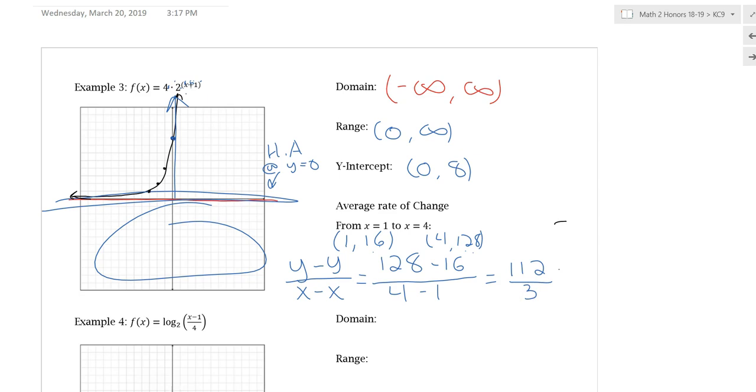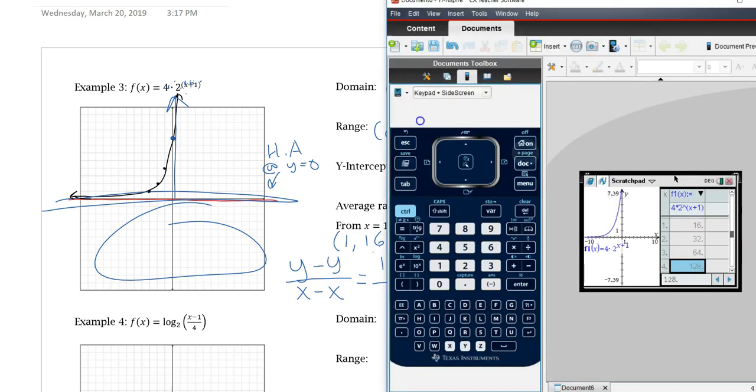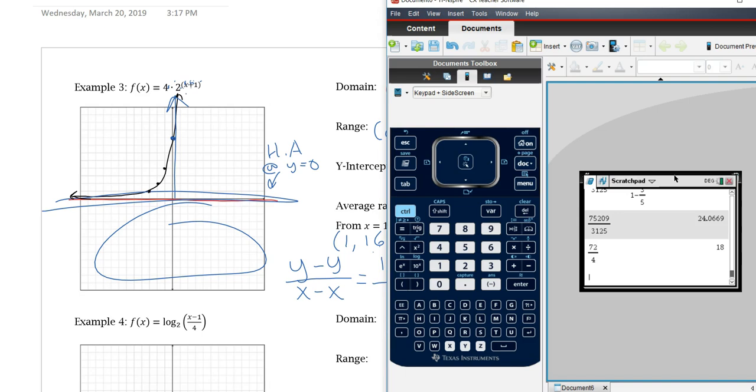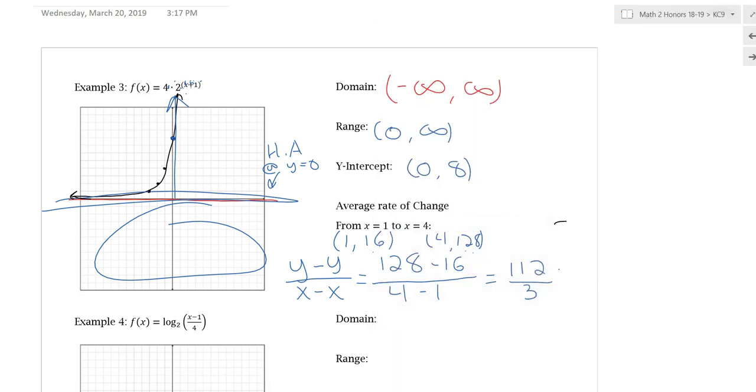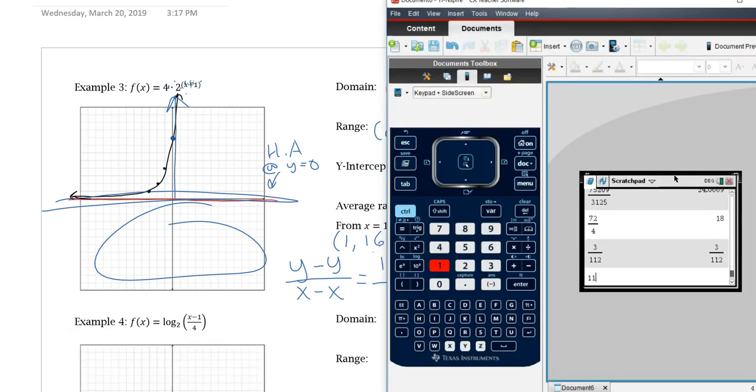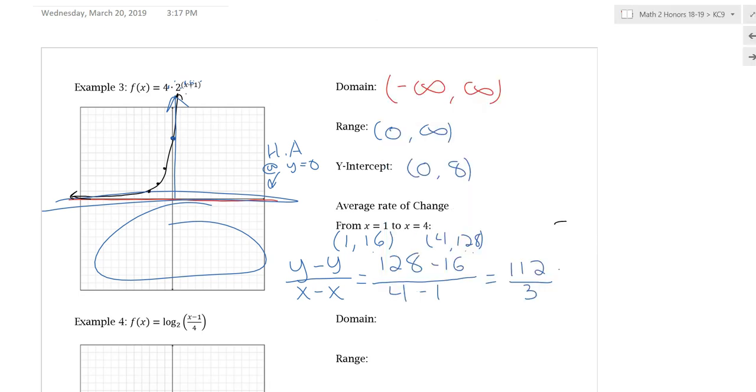I believe it just stays like that. It does not reduce, it's not going to reduce anyway. Okay, so 112 over 3.